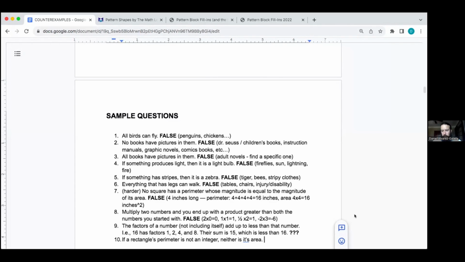But the area is going to be 6 times 2/3, and that is the same as 4. So that's it. It's a counterexample.